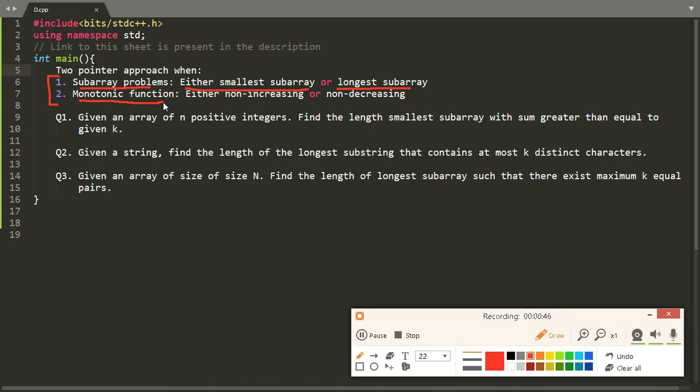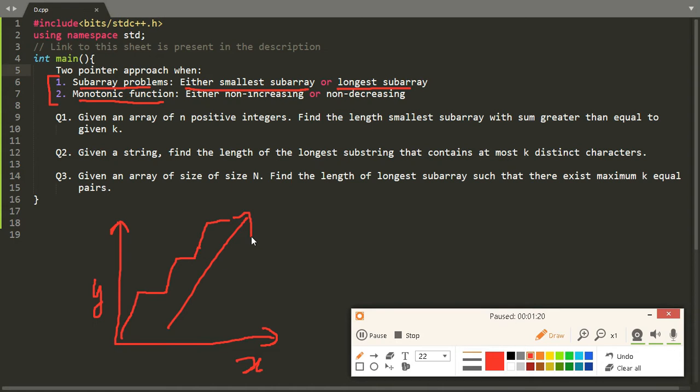If you don't know what a monotonic function is, I will explain it here in a nutshell. As you can see here in the graph, it is a monotonic function because with increasing value of x, the value of y is either increasing or it remains the same, such that y is non-decreasing with respect to x.